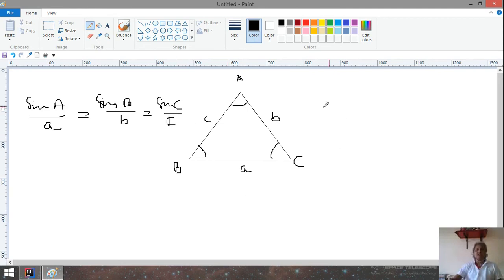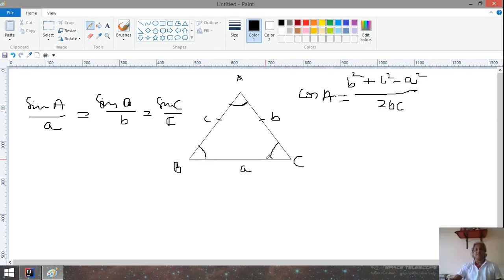The next one is the cosine rule, that is cos A equals, so cos A means which two sides are holding this angle, b and c, so it is written as b square plus c square minus the side just opposite, a square, upon 2bc, the product of the sides holding the angle.